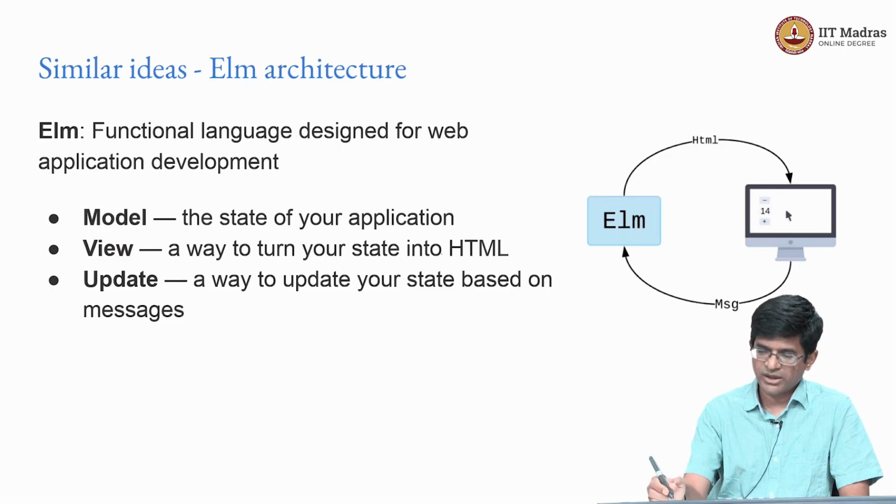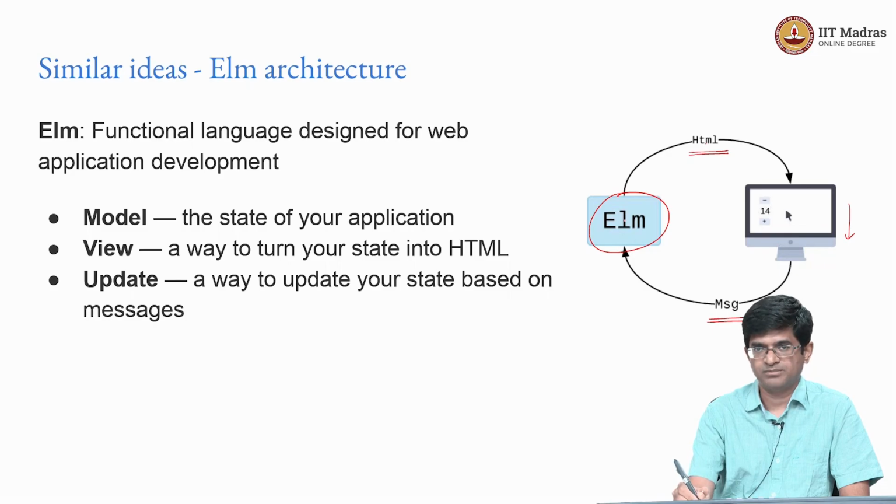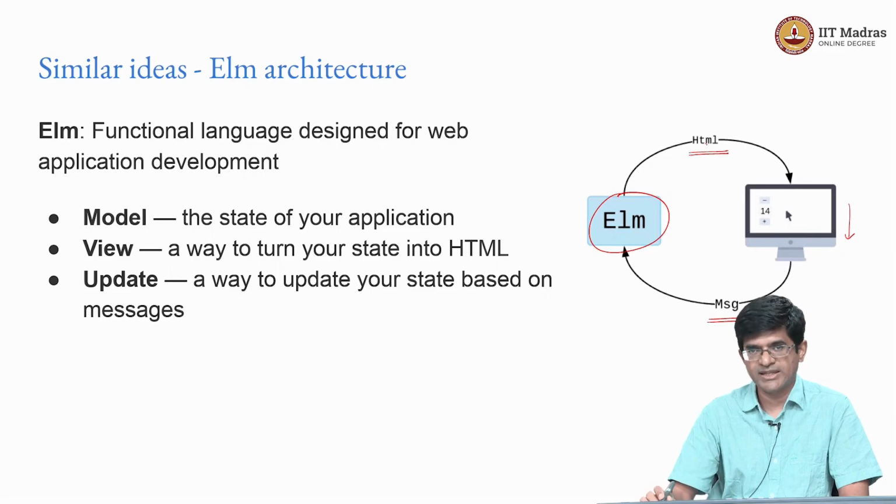What it says is the Elm language processor generates HTML output, which gets displayed on a screen, and that in turn triggers events which are sent as messages back to Elm, which takes in those messages, sees what its present state was, generates a new state and therefore new output, which is once again sent out as HTML.